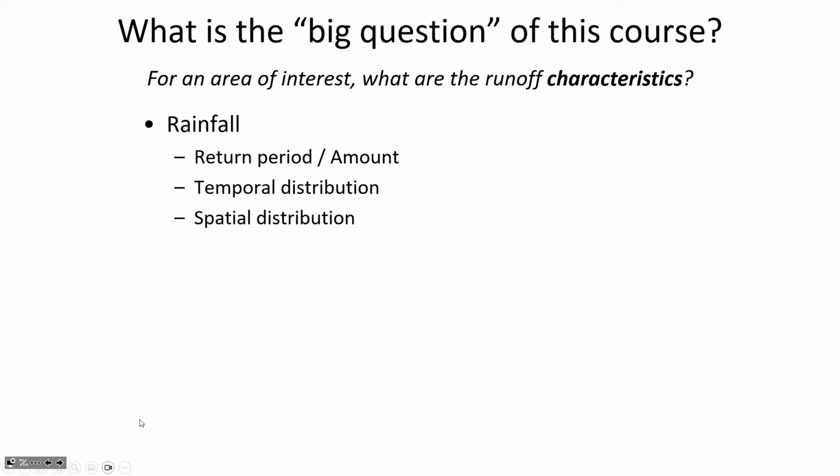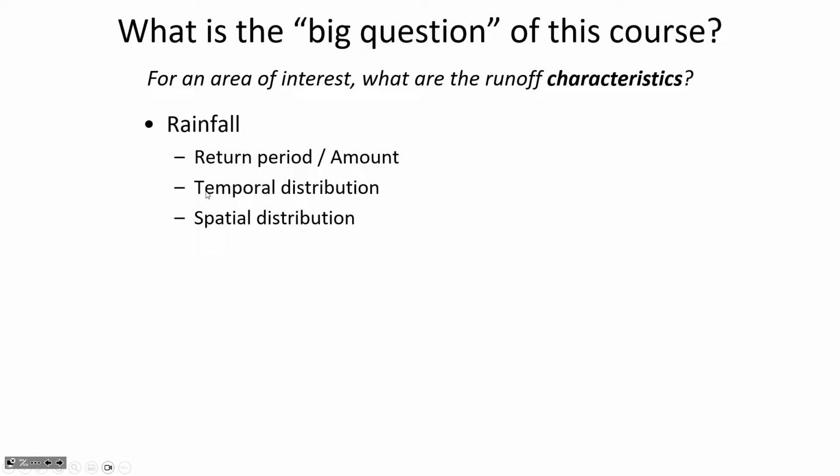So rainfall. We want to have some sort of a good representation of rainfall. Otherwise, you can't be expected to predict the runoff from a watershed if you're not accounting for the rainfall that causes that runoff. So this is kind of a no-brainer. But it's not just the depth that is important, it's also the timing of the rainfall.